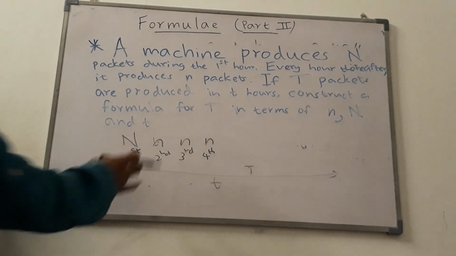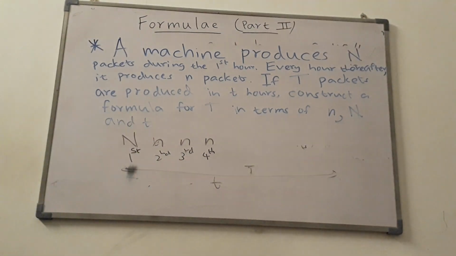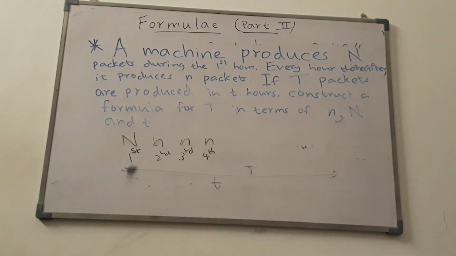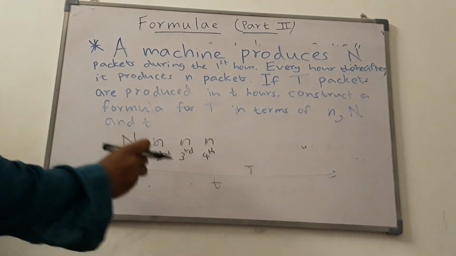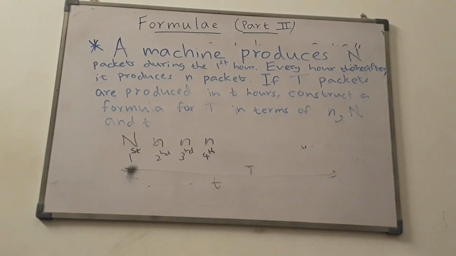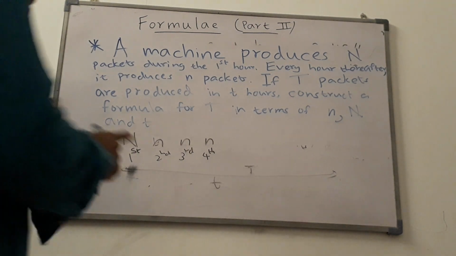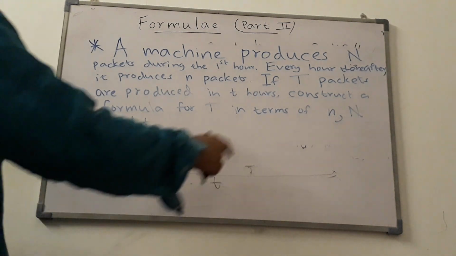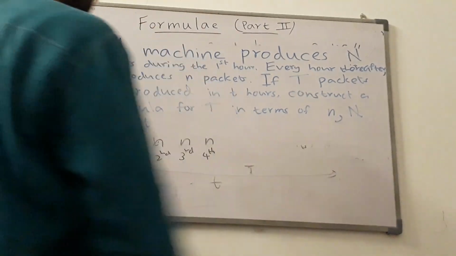So first hour it is capital N. For t hours it is capital T. Without the first hour, in the rest of the hours it produced n packets each hour, like a rate, until it becomes t hours.